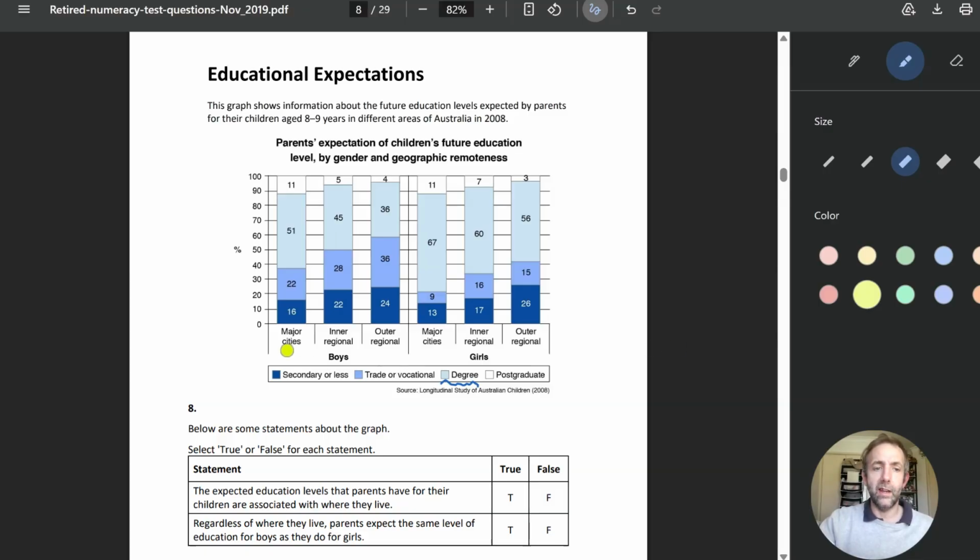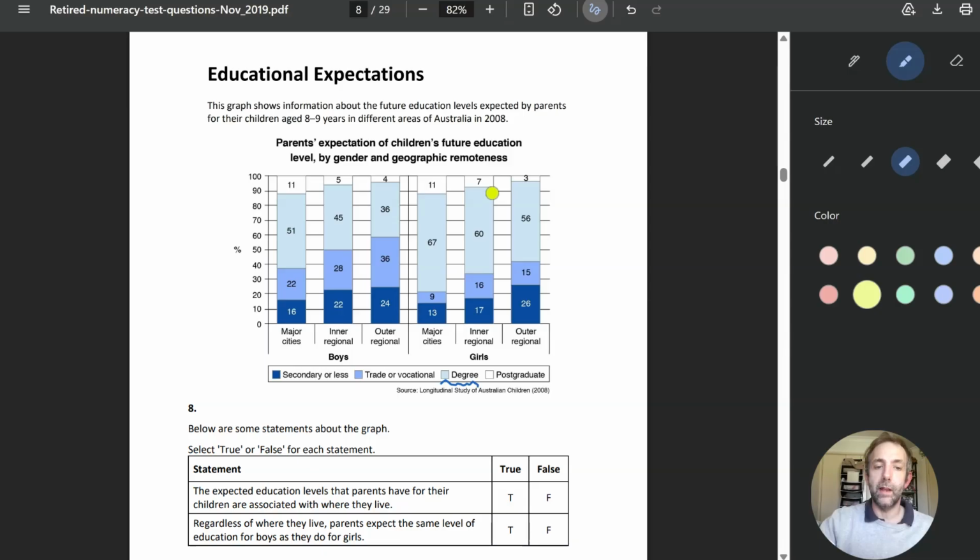So when we look at the major cities, it does seem that if we look here, the degree and postgraduate is significantly higher, and that's the same for this one as well. Then it seems to decrease a little bit when we go to the regional, and that pattern kind of remains similar here. So you're looking for a pattern. Are things increasing or decreasing based on where people live or whatever the criteria may be?